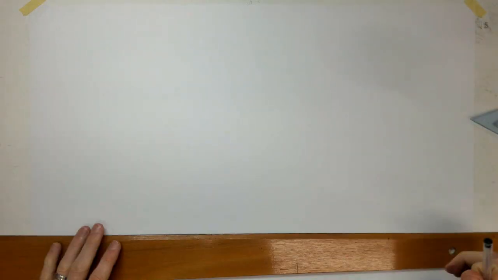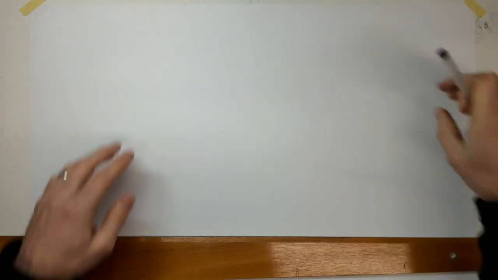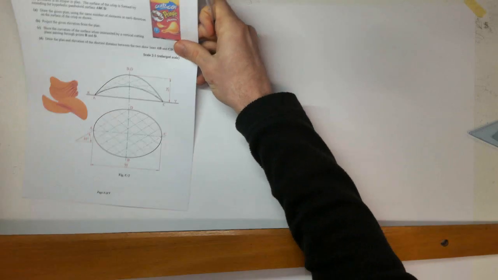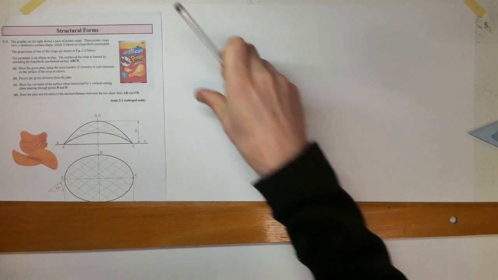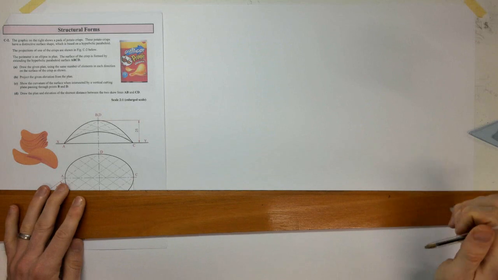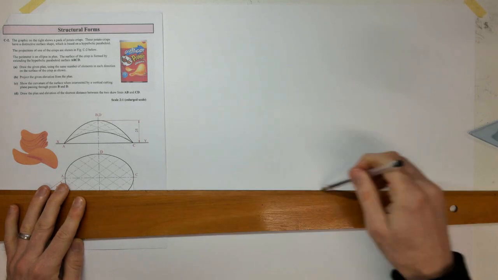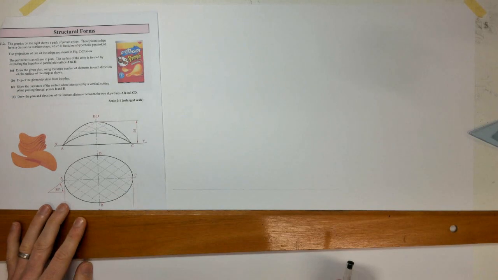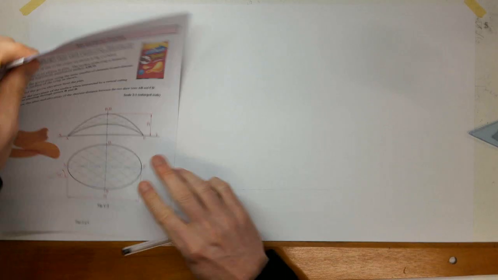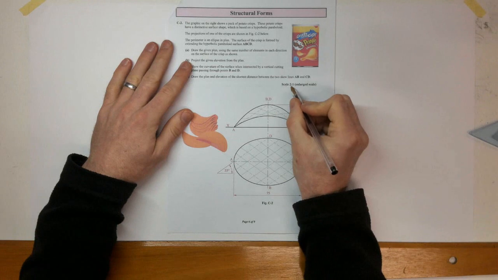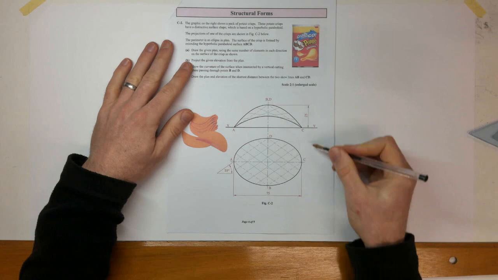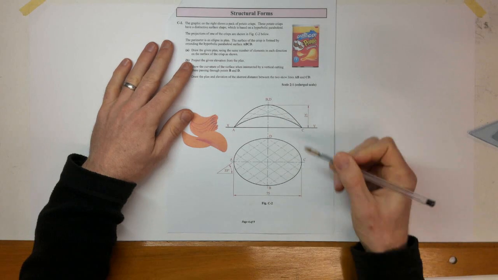So let's start off there. Keep this close by so you can see it. Draw our axis here. I suppose one more thing. We've got scale 2:1 and a large scale, so all of these measurements, 75 and 20, we can double them.